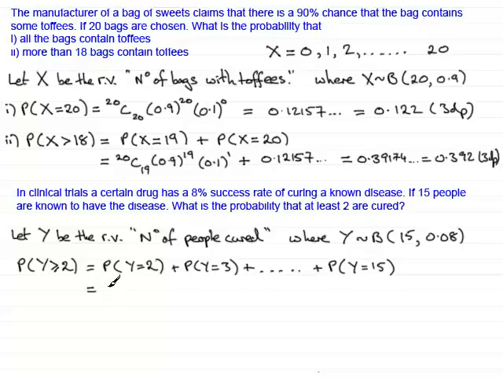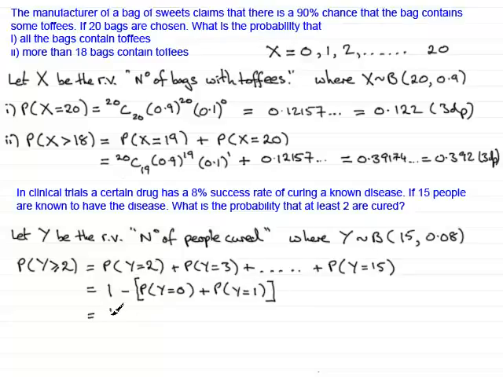So I could do 1 minus, and I'd need to put this in a bracket, the probability that Y equals 0 plus the probability that Y equals 1. These are the only other situations that I've not included here.